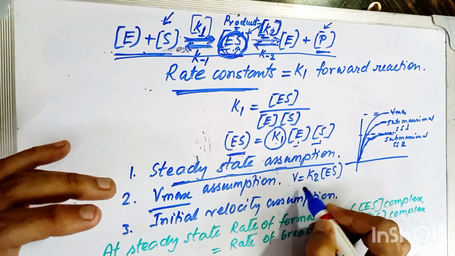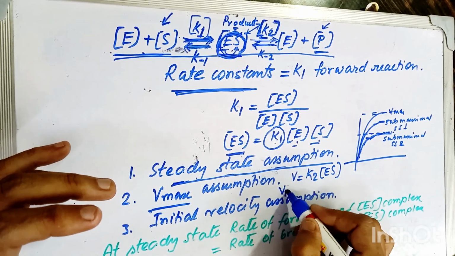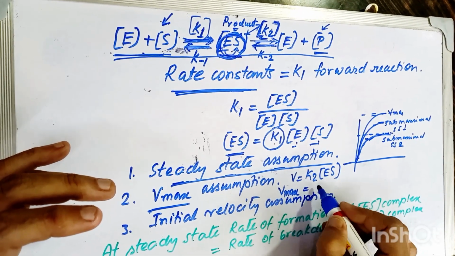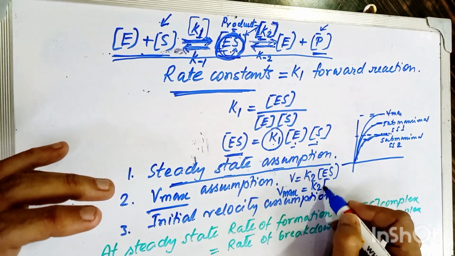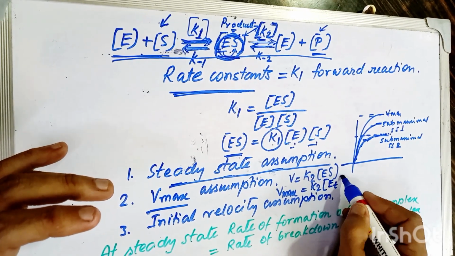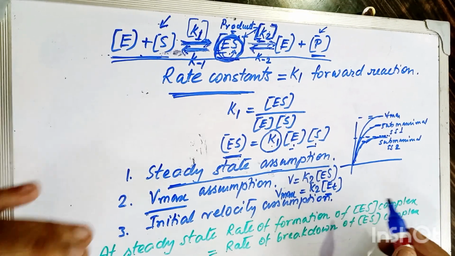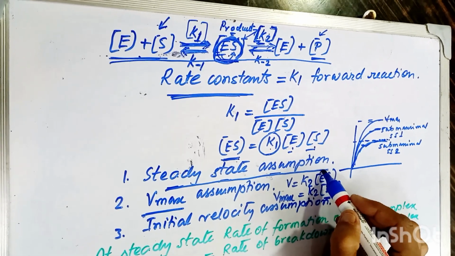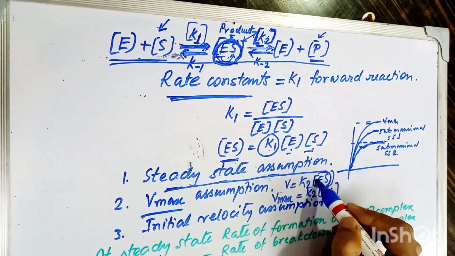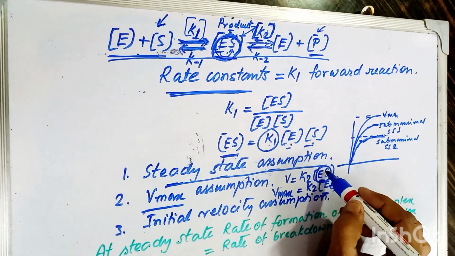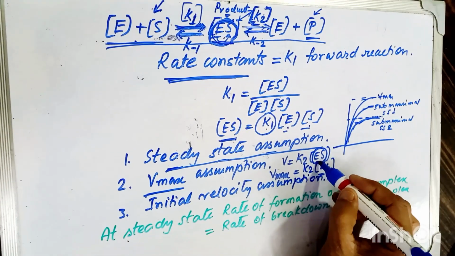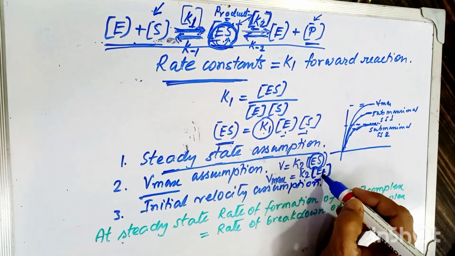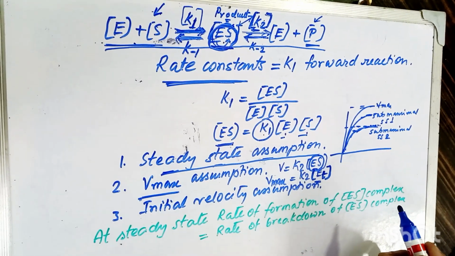And at Vmax, if I write Vmax here instead of velocity, we have to write K2 into ET. Now this is a new term, ET. What is ET? ET is the total enzyme. Here, ES is the enzyme bound with substrate, and ET means the total enzyme present in the reaction.